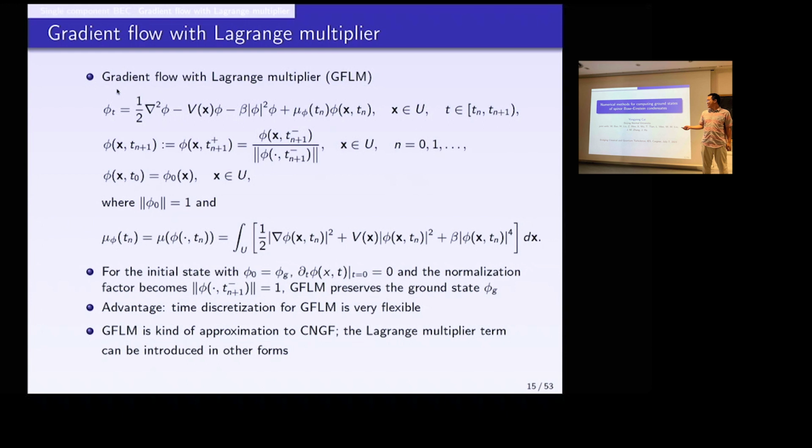So this also partially explains why, in the physics literature, some people use the splitting method to compute the ground states. But with the splitting scheme here, you will see it can never eliminate the error depending on the time step size tau, because once you split, the dynamics will always be nonlinear.